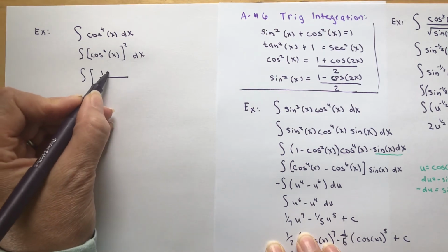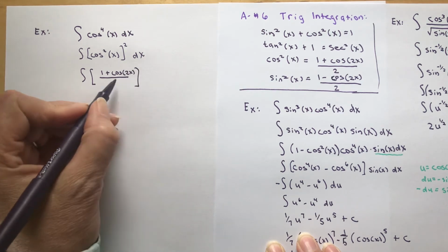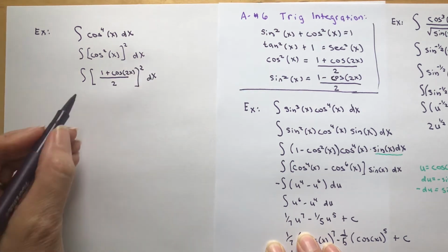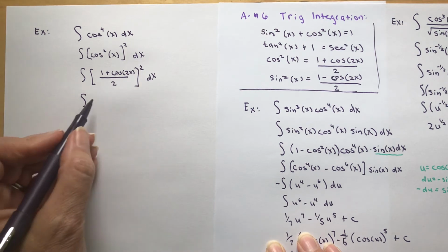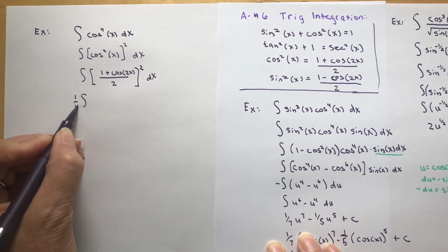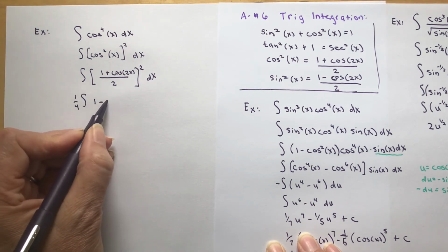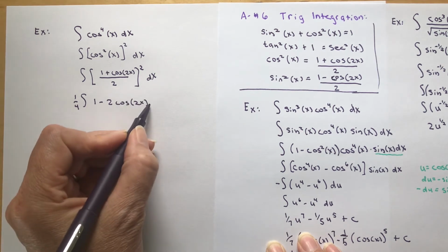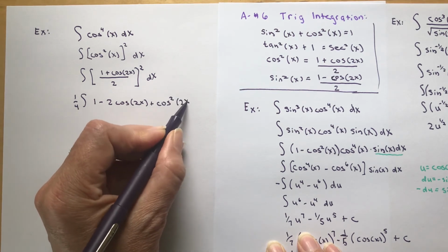So this will be 1 plus cosine 2x over 2, squared. And then, believe it or not, this is something we can deal with because we can square it, and the denominator will become a 1/4. And then the numerator is just a binomial, so 1 plus 2 cosine 2x plus cosine squared 2x.